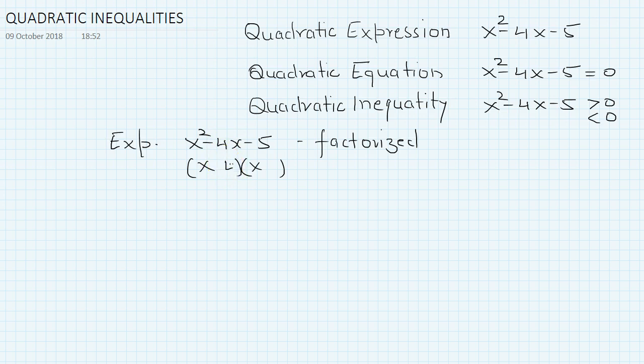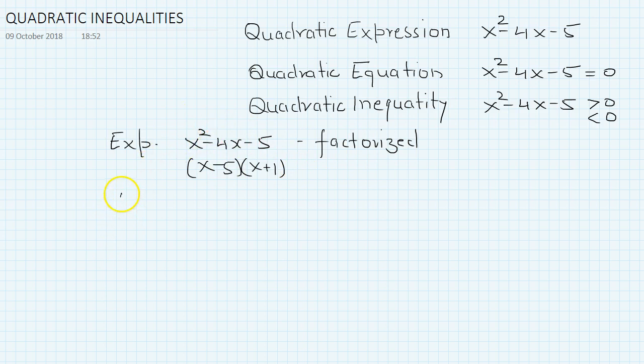So we write 5 times 1 is 5, and this is minus 4, so this is minus 5 and plus 1. So these are the factors of this.